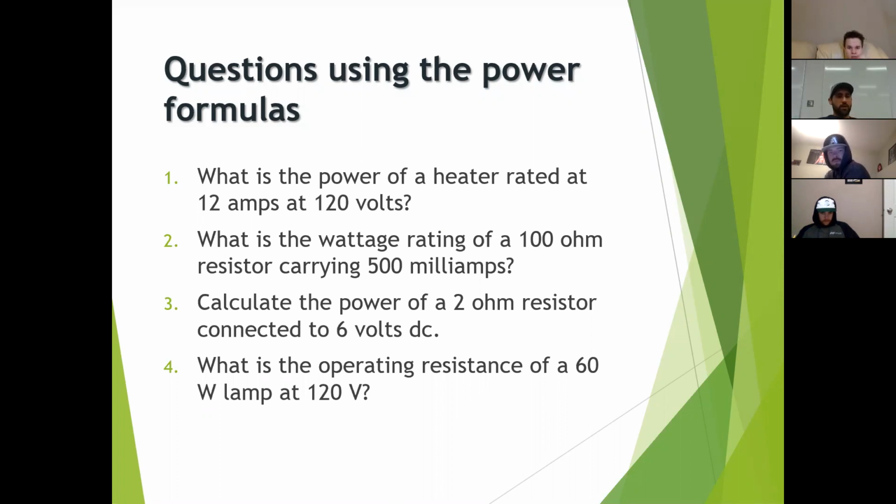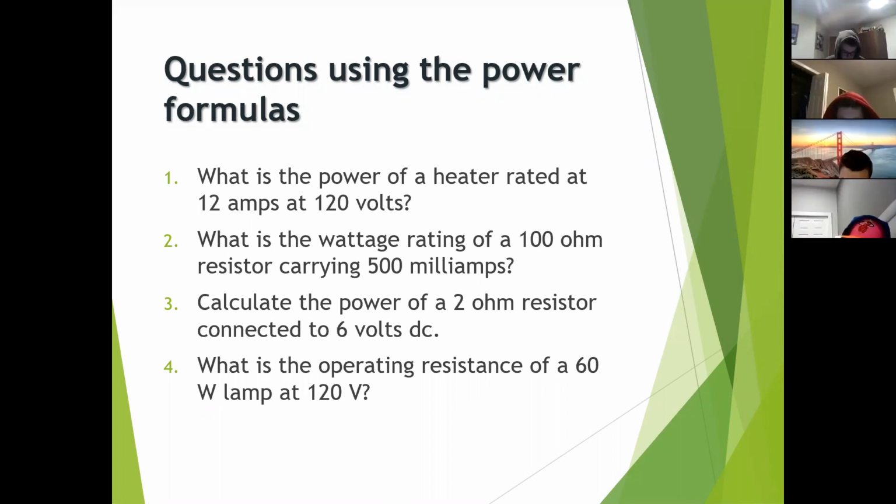All right, number 2. We'll go Nathan. What'd you get for number 2? I didn't get that one. All right. So when we have milliamps and ohms, we're going to call this thing losses.